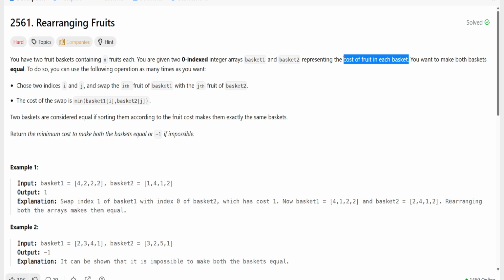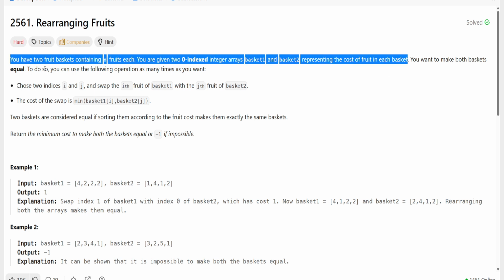Means each index of the baskets, either basket 1 or basket 2, is the cost of fruit at index i or index j, whatever the index is. Each element of the basket is nothing but the cost of fruit at index i, either in basket 1 or basket 2.